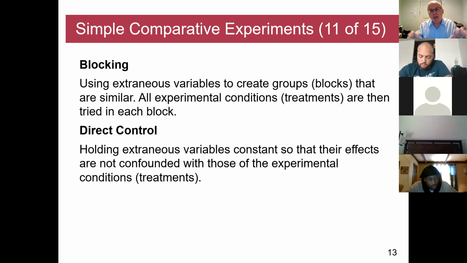We break up the population into groups, and then we randomly select people and do simple random sampling within each of those groups. This is similar in the sense that we're creating these subgroups of everybody in the study, and then within each of those groups or blocks, we run all of the treatments.